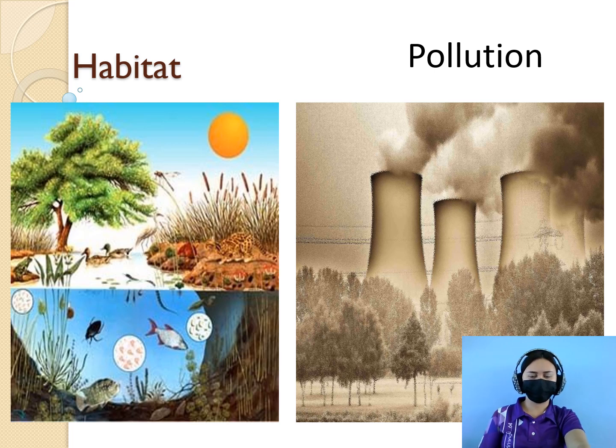Next word, pollution. This is not good. It's not good for planet Earth, not good for humans, not good for animals, not good for the plants. Pollution is not good for all living things.